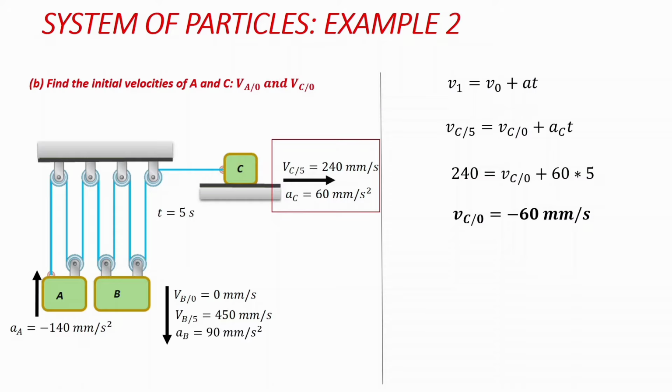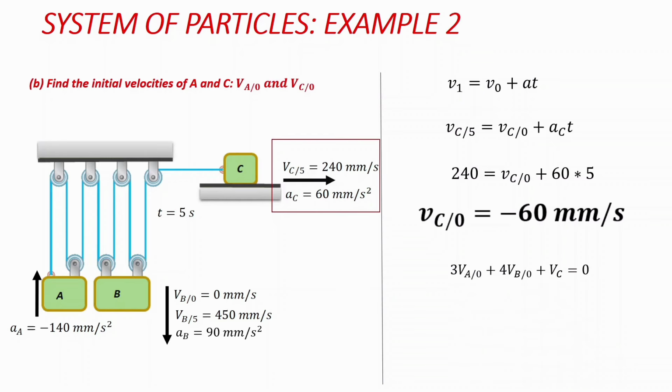So initially block C was moving towards the left, but as it is now, block C is already moving towards the right. That's why at 5 seconds we had it to be 240 millimeters per second. And then next we want to look for the velocity of particle A. Which equation is suitable? For particle A we have just the acceleration, we don't have initial velocity, we don't have final velocity.